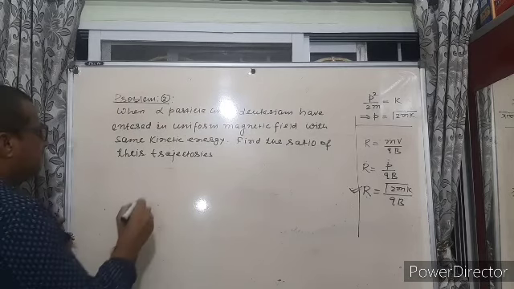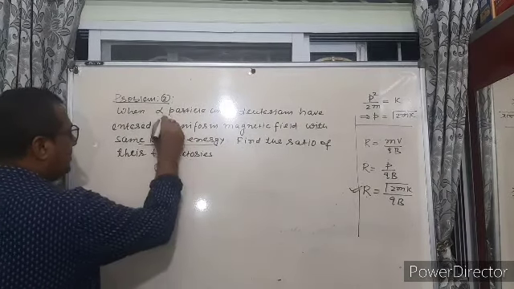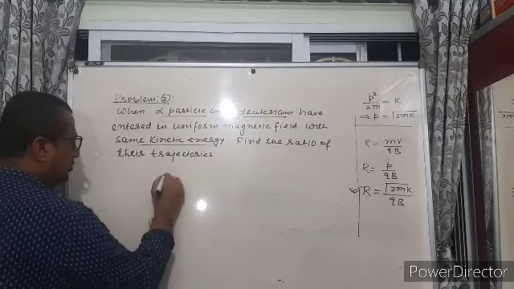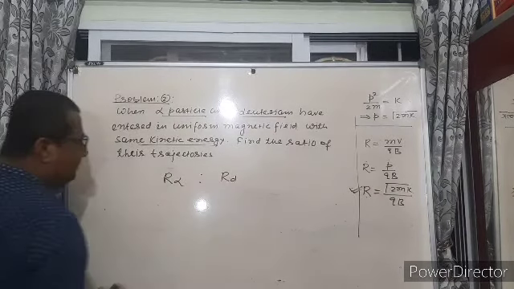Now here the kinetic energy is the same. First of all, here is the alpha particle and this is deuterium. So radius of alpha particle is to radius of deuterium.